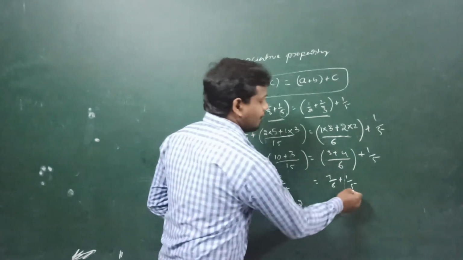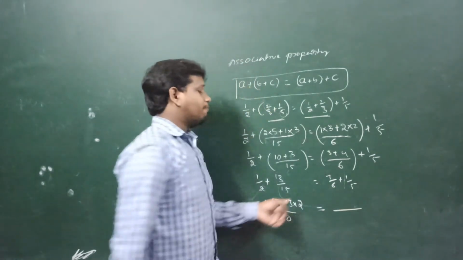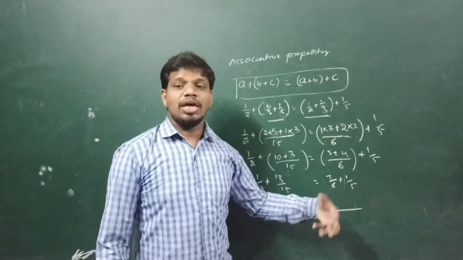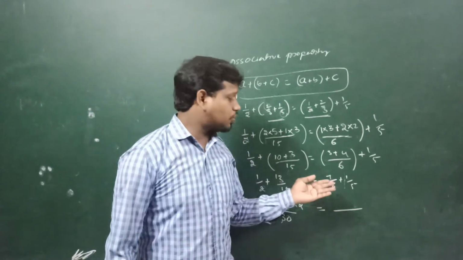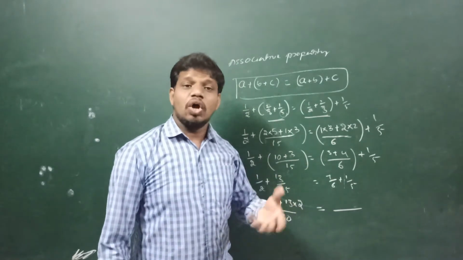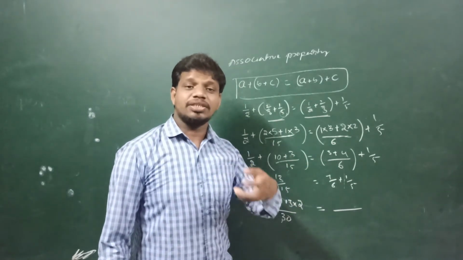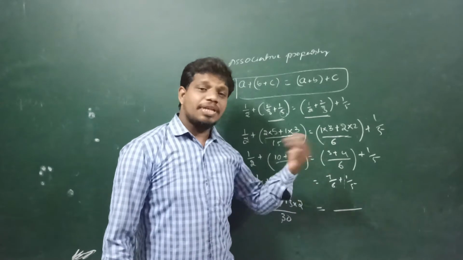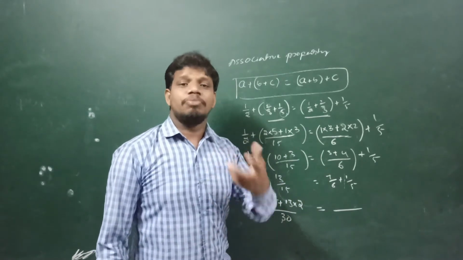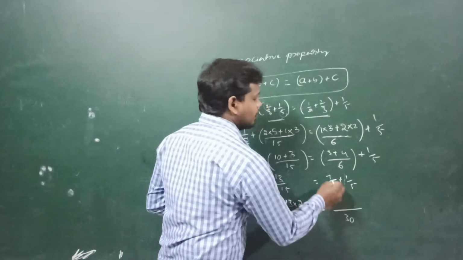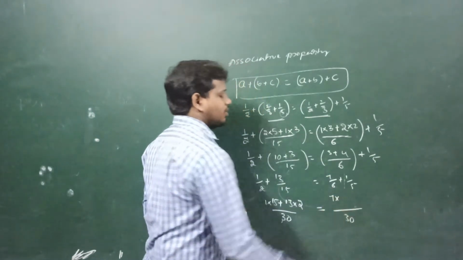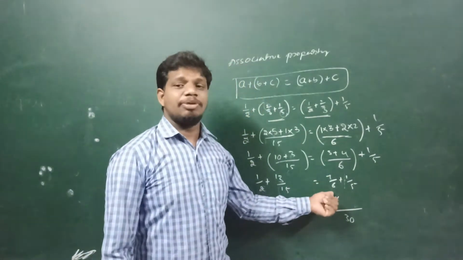Same way here find the LCM of 6 and 5, because we should not add unlike fractions as like fractions. After equating the denominators of the fractions, then we have to add the numerators. So here the LCM of 6 and 5 equal to 30. Your 7 is the numerator, 6 is the denominator.